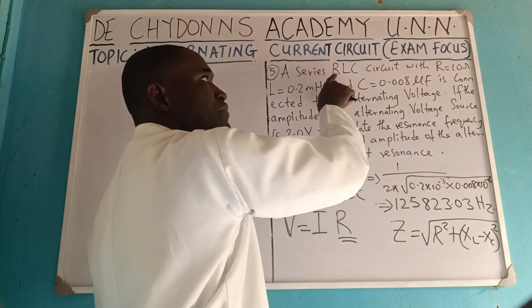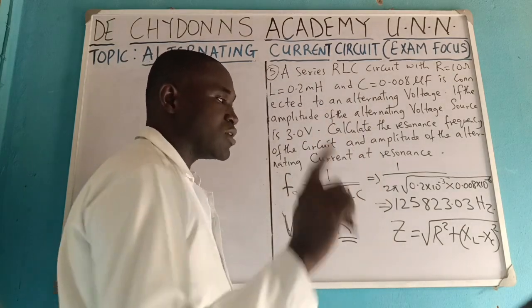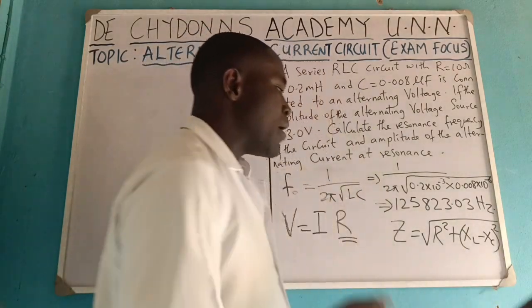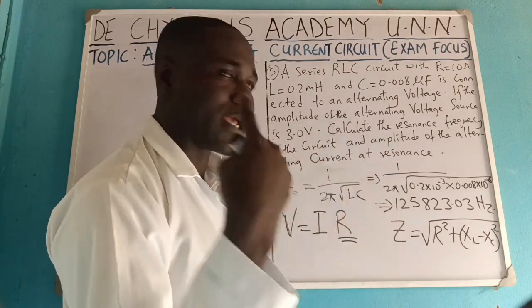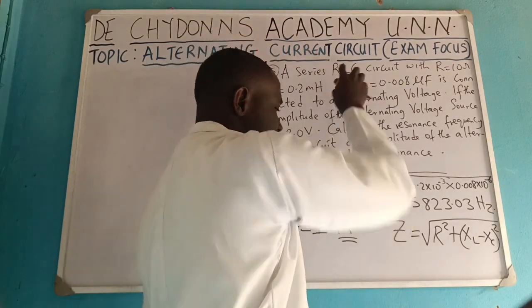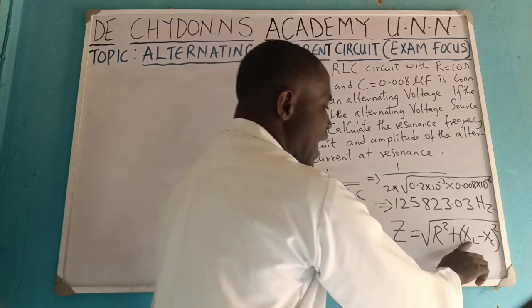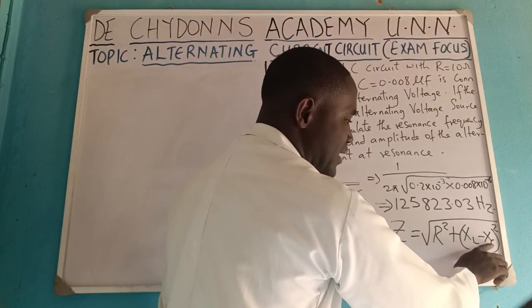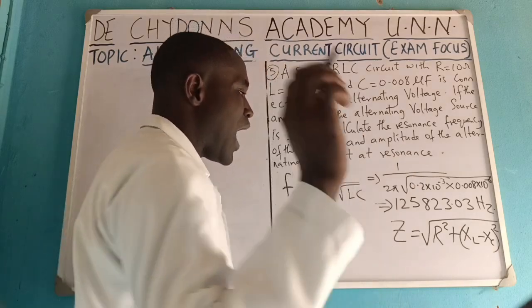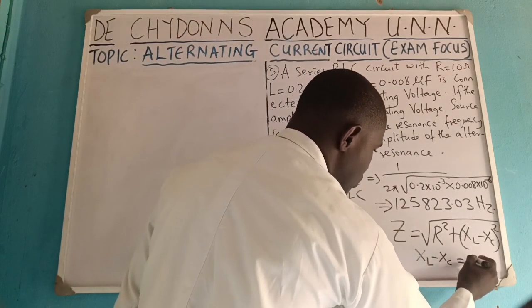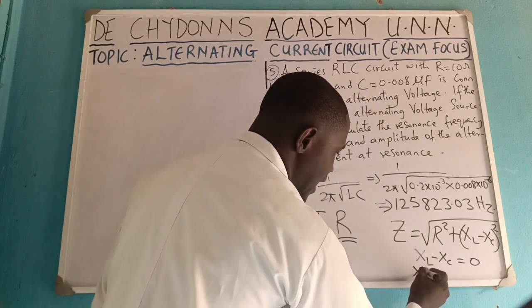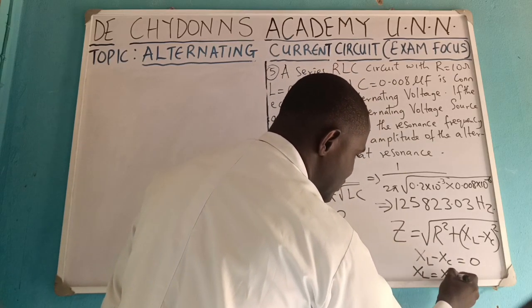When we are having an RLC circuit, impedance becomes this. Impedance is the overall opposition to the flow of electric current for RLC. Now, because XL minus XC is 0, how did we get it? XL minus XC is equal to 0, and that is why we say XL equals to XC.